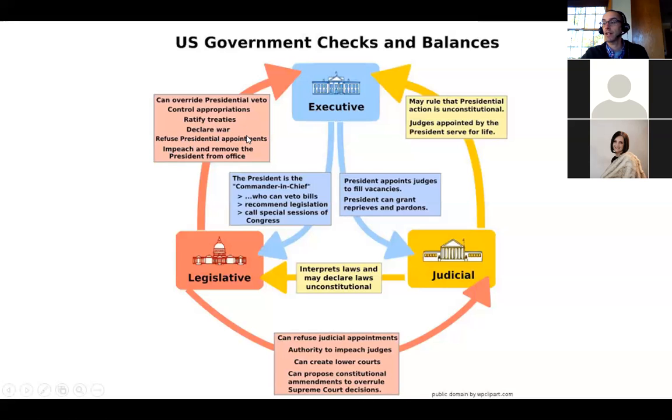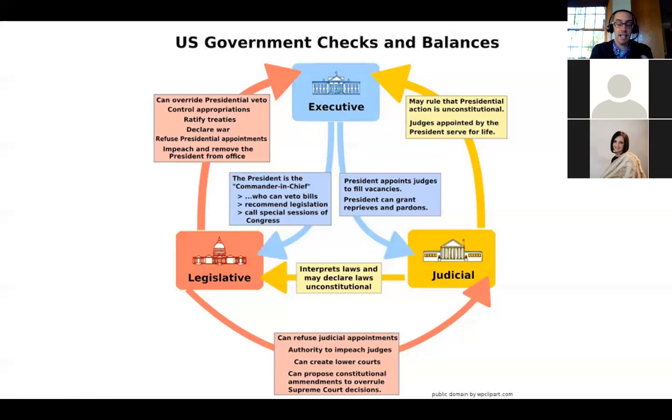They can turn down the president. They can say no to a presidential appointment. They can impeach and remove the president from office. So you see all the different arrows. The 3 branches of government share a lot of duties. In order to get something done, at least two of the branches are always working together.